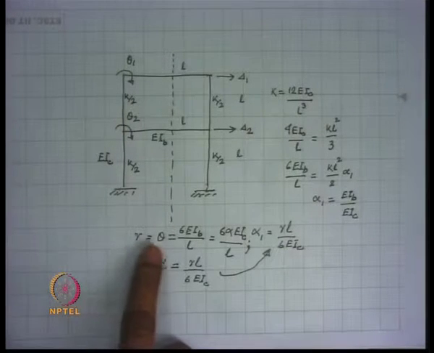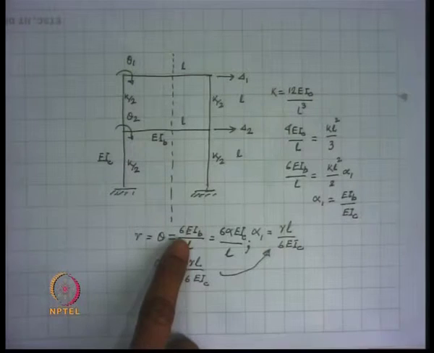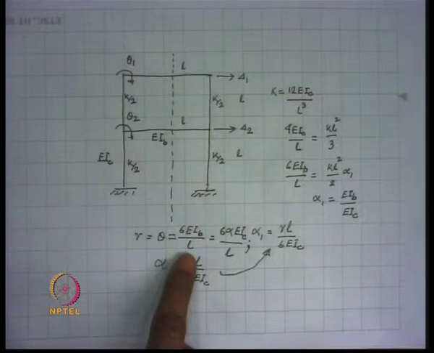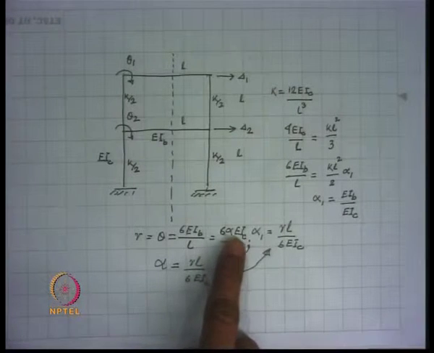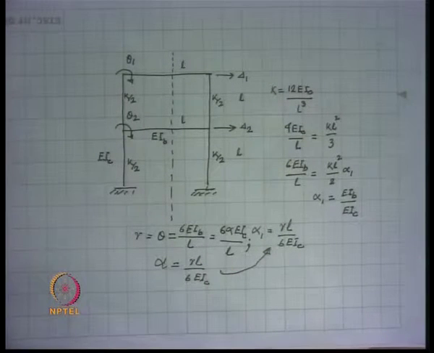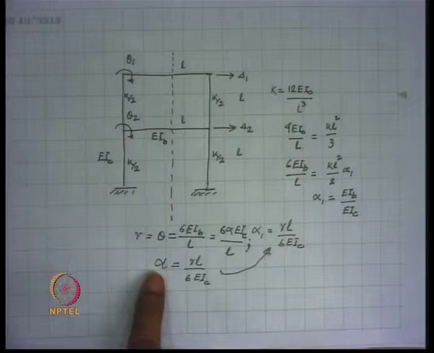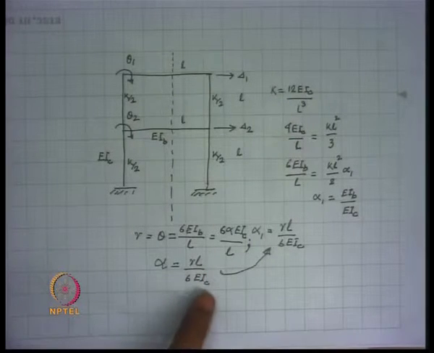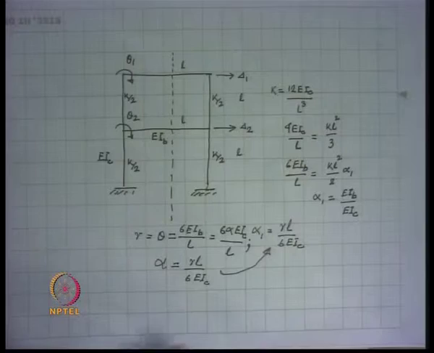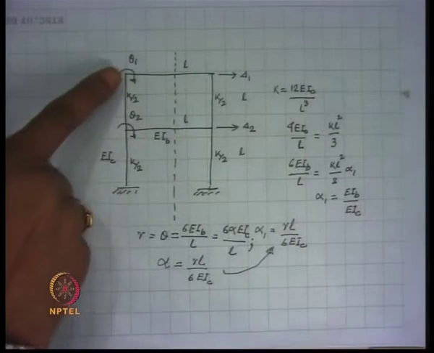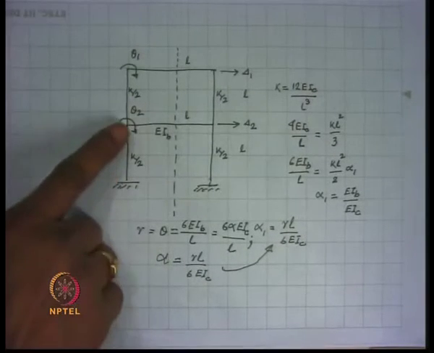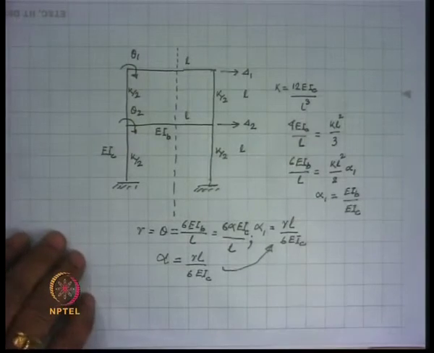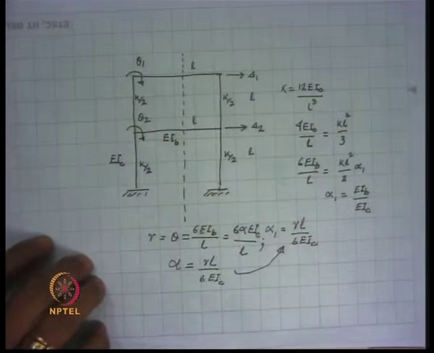Say R is equal to theta, that we can write as 6 EIB by L, and that in turn can be written as 6 alpha EIC by L, and from that one can write down alpha equal to RL by 6 EIC. And for the top beam it will be alpha 1, that is R1 L by 6 EIC, and for the rotation theta 2 it will be alpha 2.